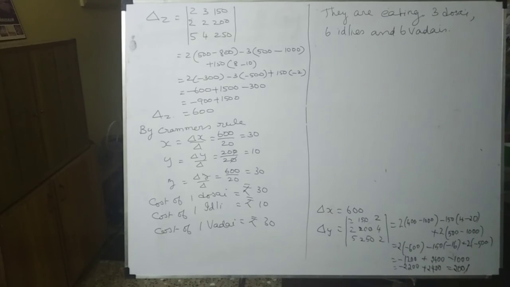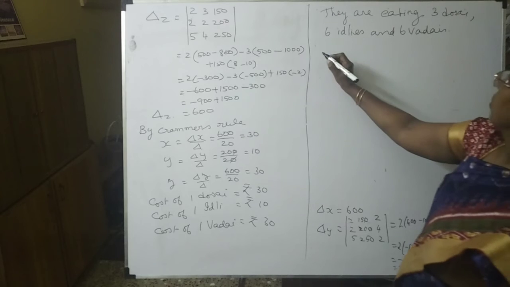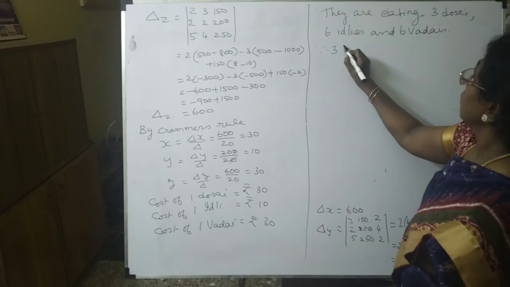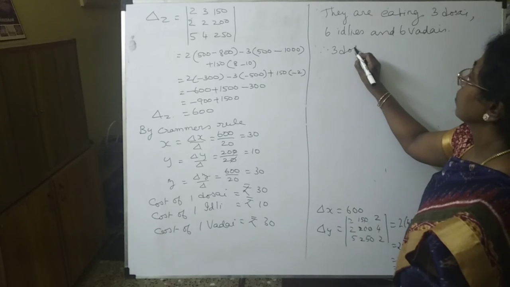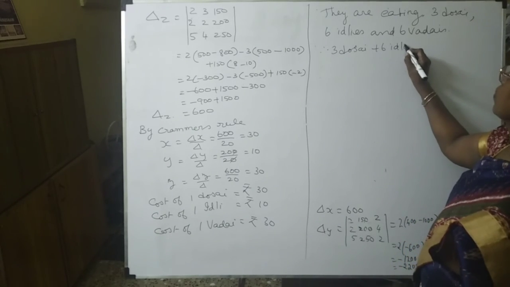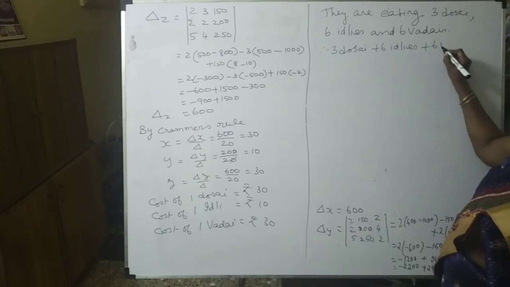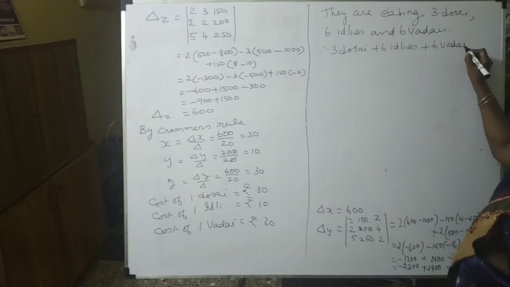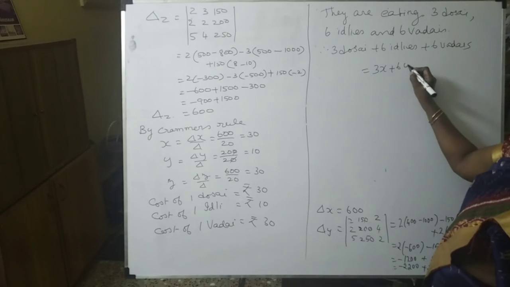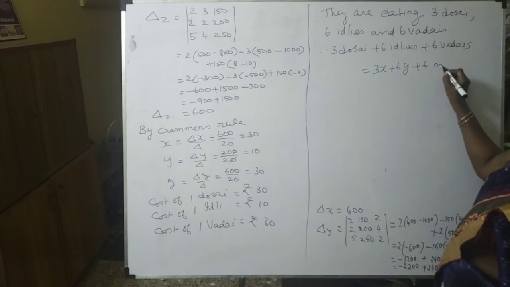So to find out the cost, 3 dosai plus 6 idlis plus 6 vadais is equal to 3x plus 6y plus 6z.